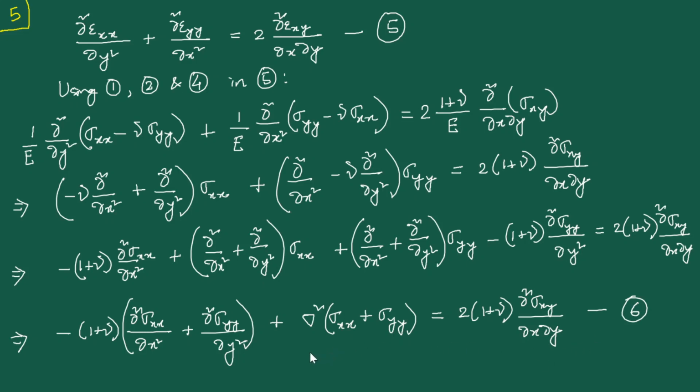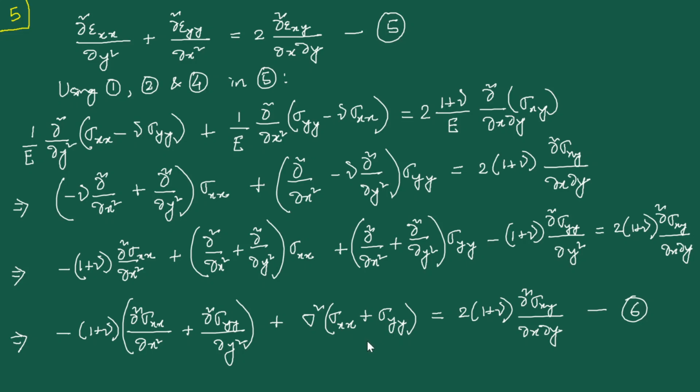Now just looking at equation number 6, it looks somewhat symmetrical, but what do we do with it? Okay, it's good that we have utilized our compatibility equations, and within it we have embedded the information from the constitutive laws. But what after this? Okay, so the next plan is to incorporate within it the information from the stress equilibrium equations.